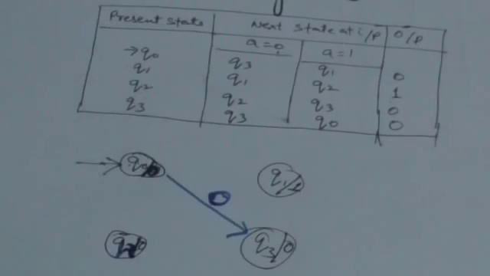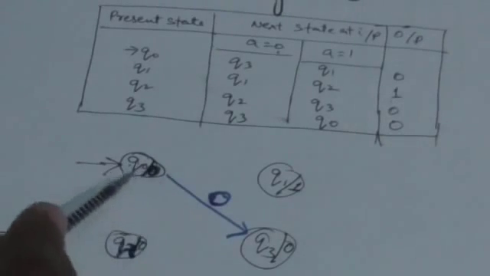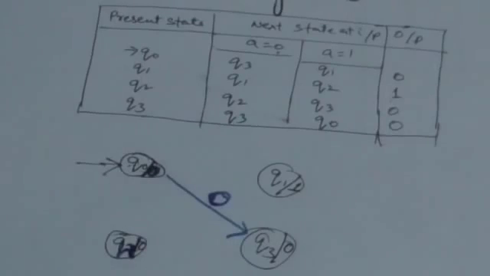Now see the transitions. When the machine is in state Q0 and it reads 0, it jumps to state Q3. So I have represented it by this arrow. This transition is represented by an arrow, and it is labeled by the input symbol. It means on reading 0, the machine will jump from Q0 to Q3.